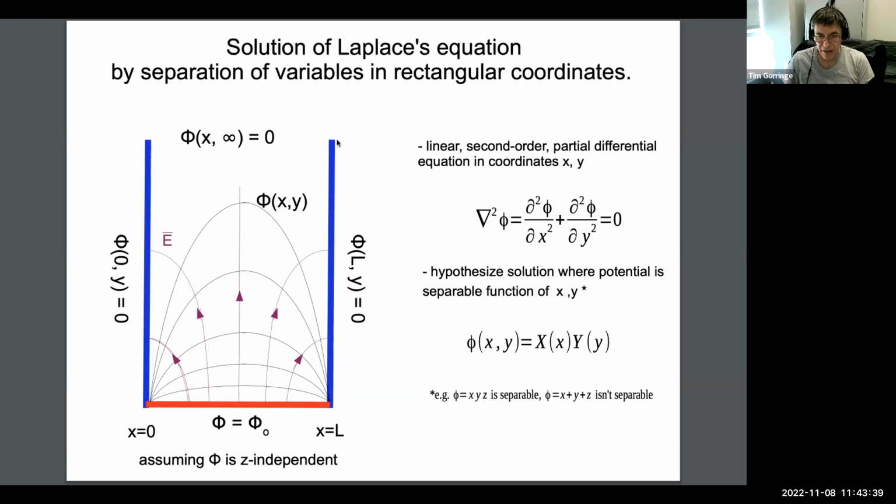And finally, at large values of y, far from the positive conducting sheet, we've also got 0 potential. So that's the arrangement of the conductors, and that's a description of a boundary value problem. We know the electrical potentials down here on the lower edge of the problem, left and right, and way upstairs, infinitely far away from the horizontal conducting sheet, we know the potential. And we want to find the potential and the field everywhere inside that volume.